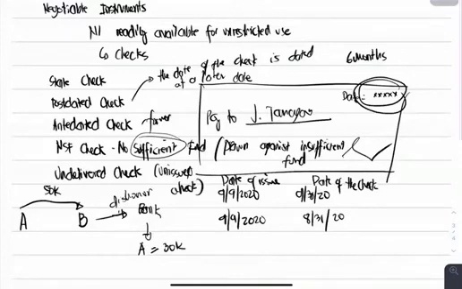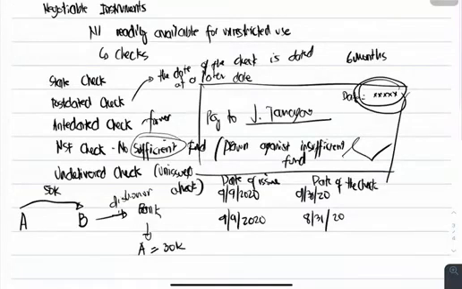Okay? So these are the different checks that we need to look at whenever we try to compute for the balance of our cash. So we have stale, postdated, antedated, NSF, and undelivered check. And we need to determine what are the effects of these checks as to our cash received and cash paid.